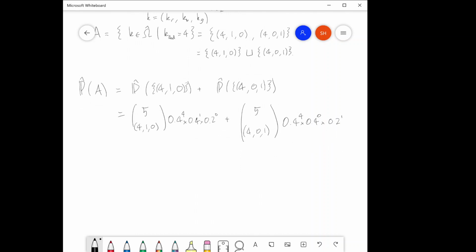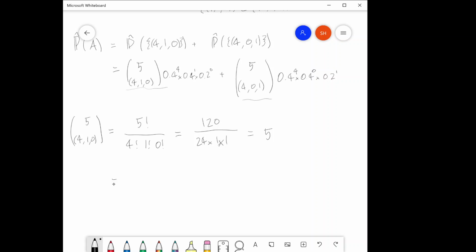Okay, let's just evaluate these because they're the same. So 5 choose (4, 1, 0) is, as we've seen, 5 factorial divided by 4 factorial 1 factorial 0 factorial, where 5 factorial is 120, 4 factorial is 24, and 1 and 0 factorial are both 1, so this is 5.